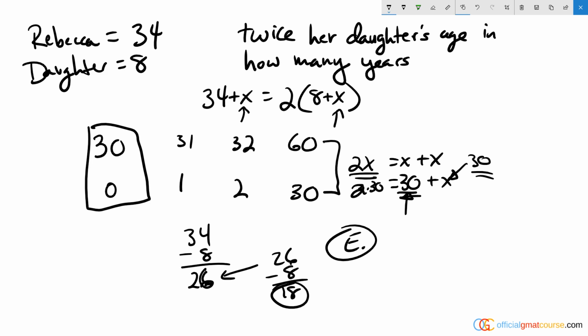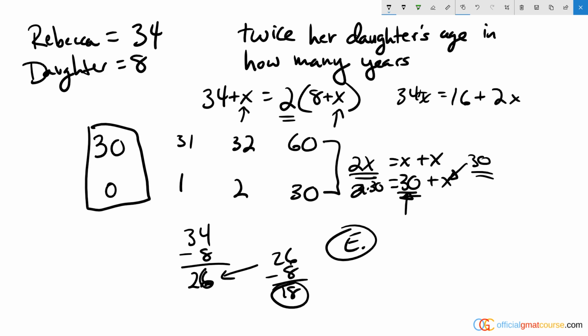So their age is going to be whatever it is currently plus X for both of them. But the future conversion between her daughter's age and her age is 2 times.